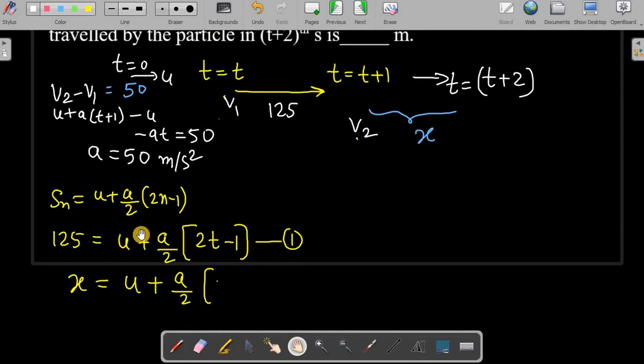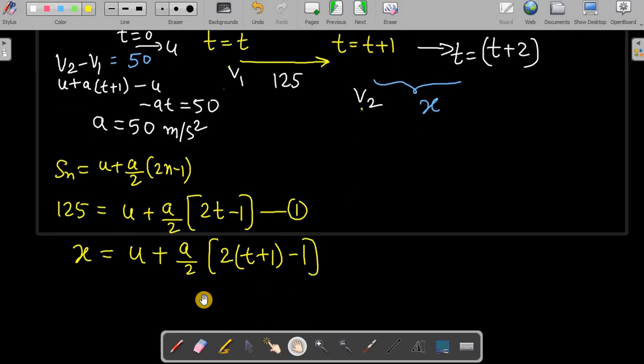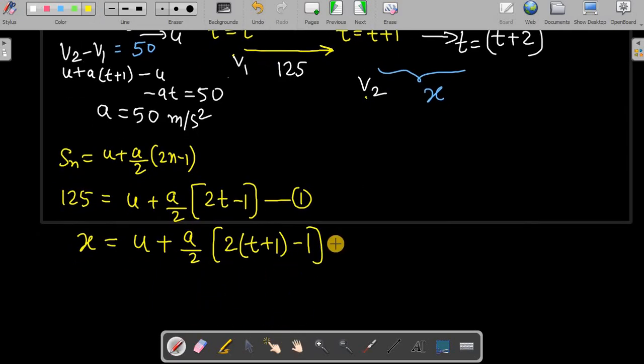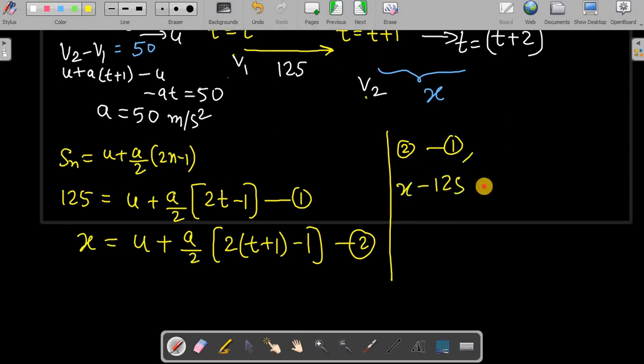Then now you can use u plus a by 2 into 2n minus 1, and similarly x will be equal to u plus a by 2 into 2n. So here this is 2t plus 1, right, minus 1. I think you can subtract these equations, then we can solve it fast. So subtract 2 minus 1, and you will get x minus 125.